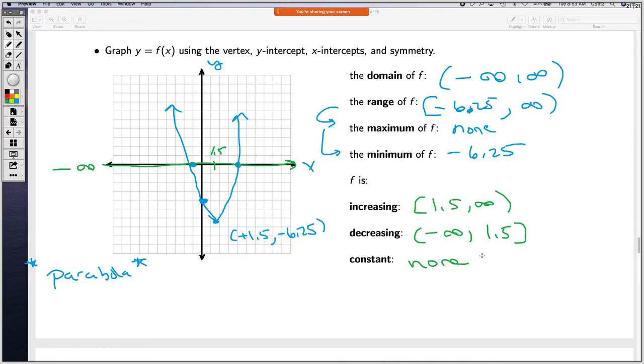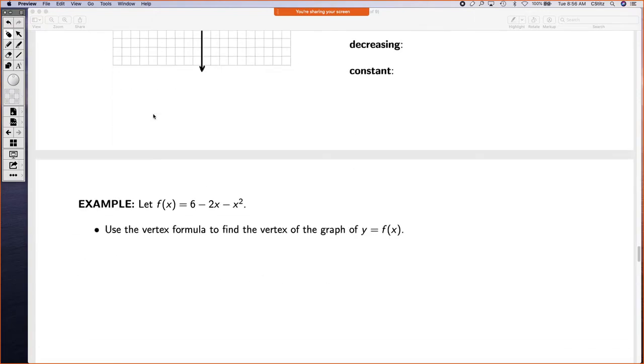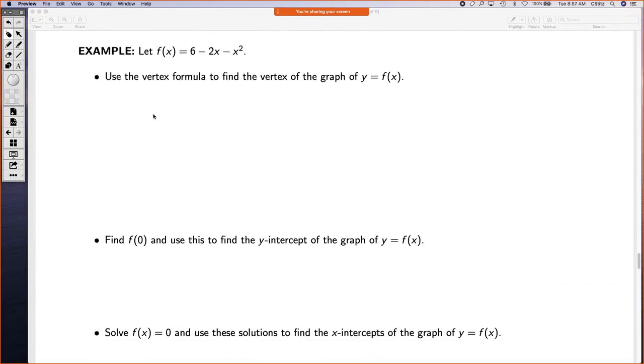And we'll see here at the end, the last example we do is an application. It's a profit. And we're going to be interested in knowing these things about profits. Do we have a maximum profit? Where is it? That kind of thing.